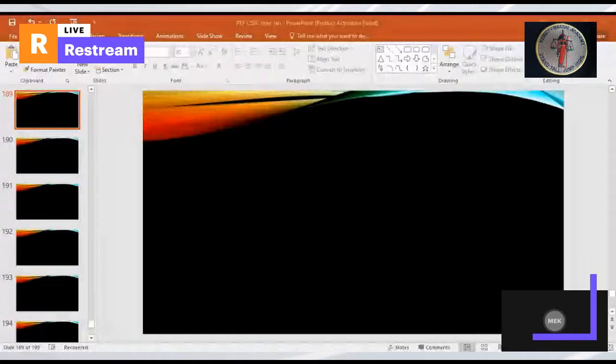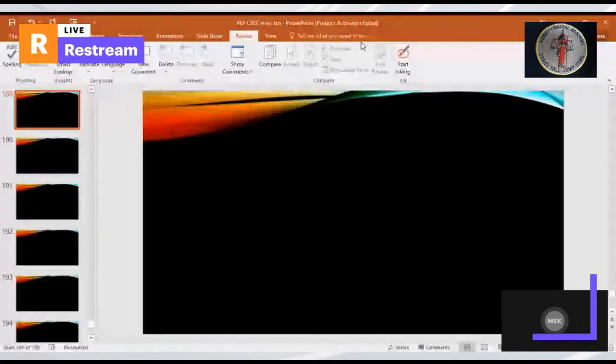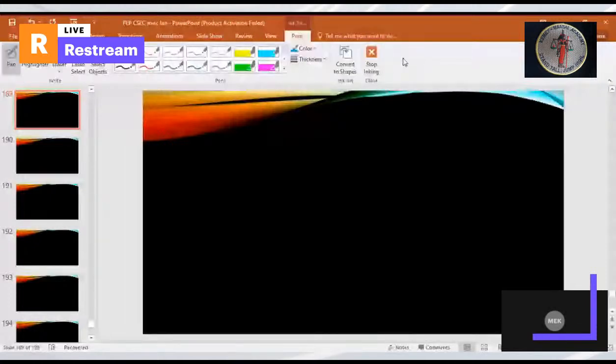So I'm going to share my screen. The first one that we're going to look at is the right angle triangle.